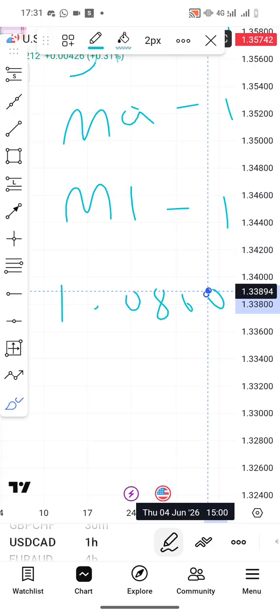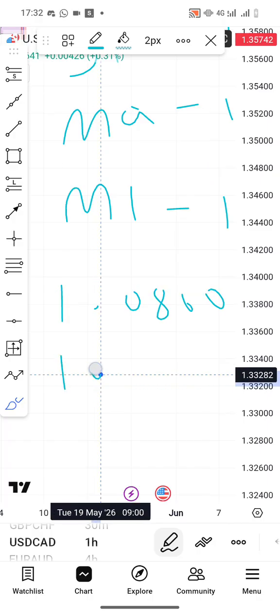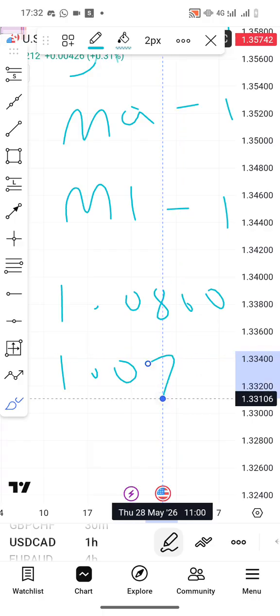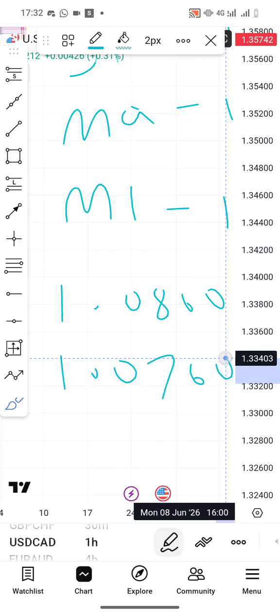We buy the pair right here and we move from 1.0860 to 1.0760, just like the previous example I gave you.